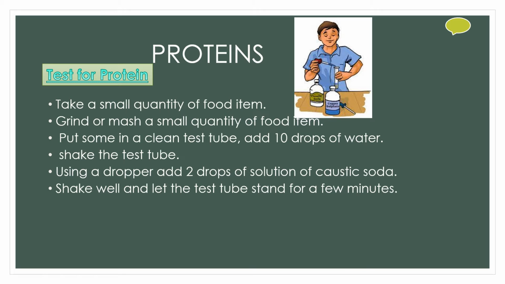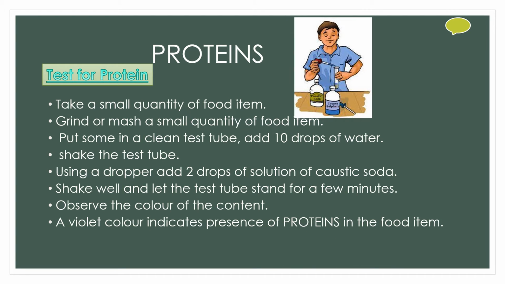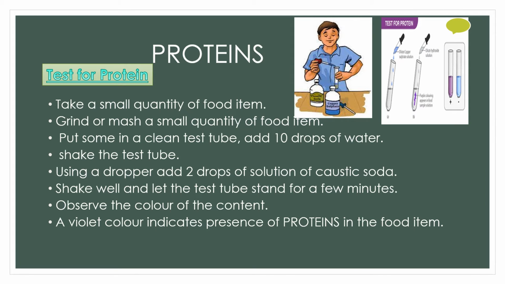Shake well and let the test tube stand for a few minutes. Observe the color. A violet color indicates the presence of proteins in the food item. In the next figure you can see the violet color came. So if the violet color comes, that means the food contains proteins.